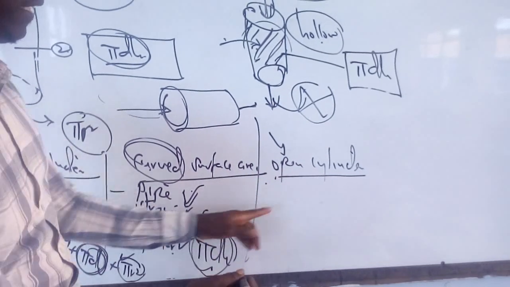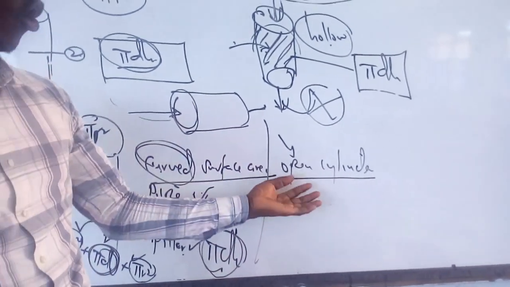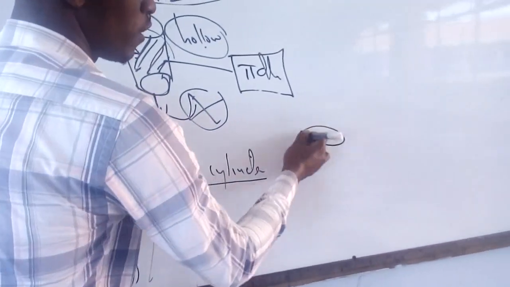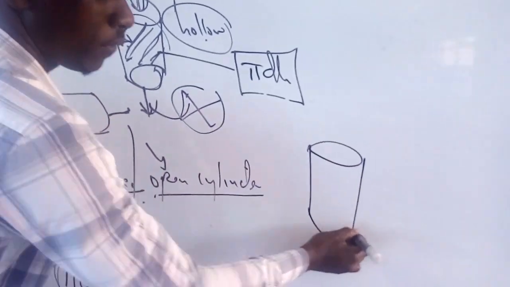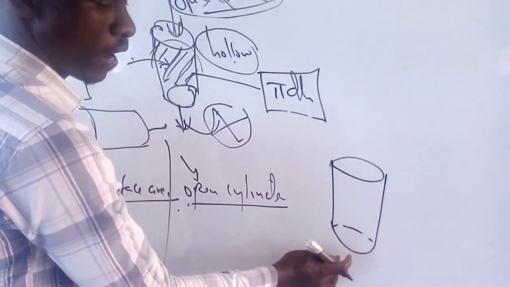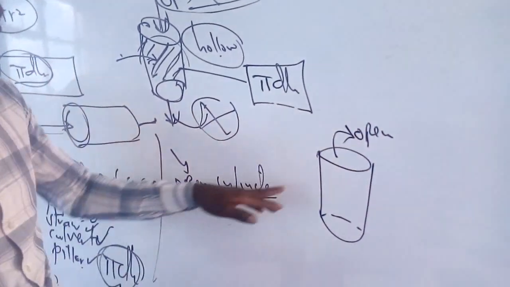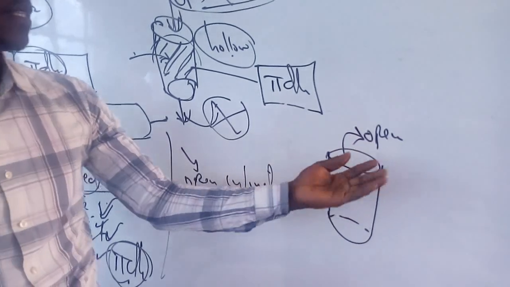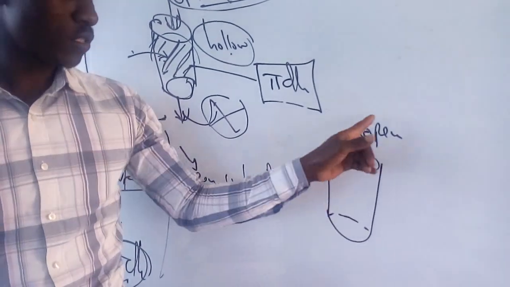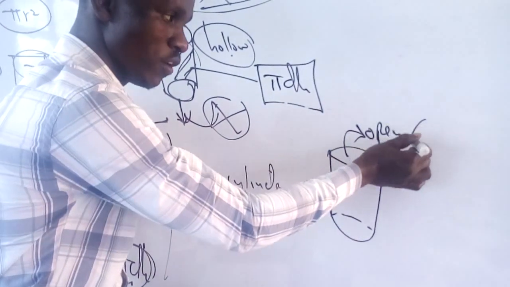And the last one is what we normally refer to as an open cylinder. When I talk of an open cylinder, this is how a cylinder appears. There is a circle at the bottom, but on the top it is open. So if it is open at the top, it means there is no surface, and if there is no surface, it means there is no circle.